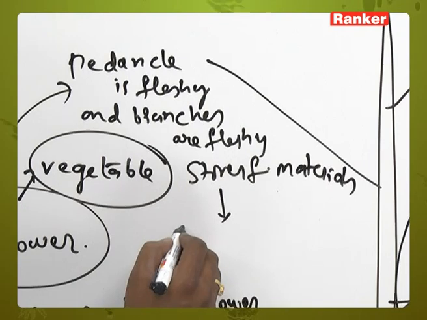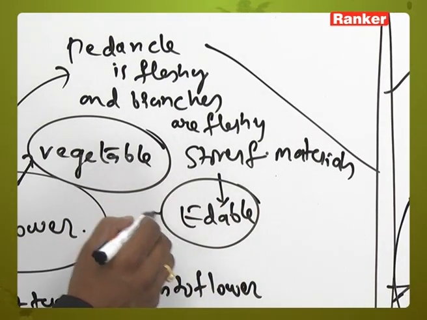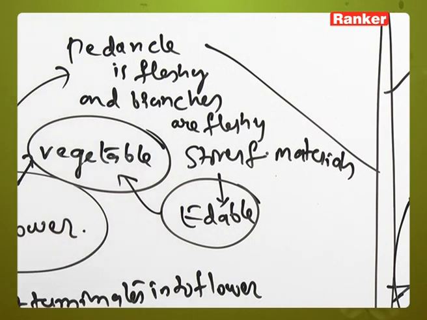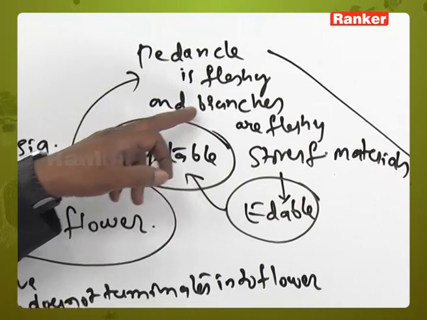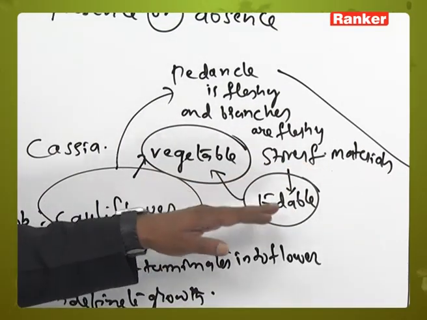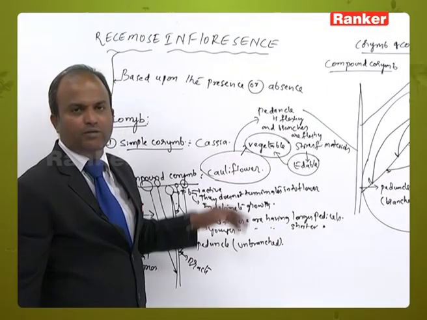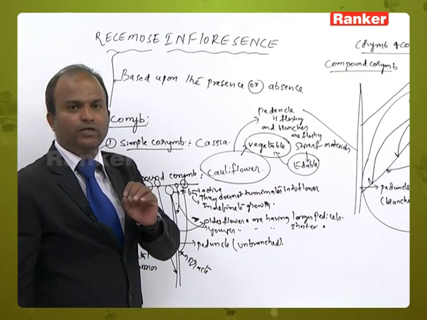So they are eatable now. That's why they are utilized as vegetable. That means in this cauliflower, the peduncle is fleshy and the branches are also fleshy, and they are storing food materials which can be eaten. That's why it is utilized as a vegetable in the plant known as cauliflower.